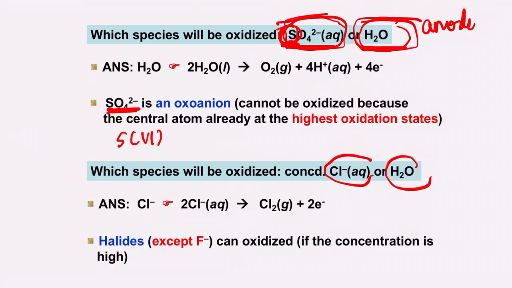So that means concentration does affect the prediction of the product that will form at your electrode.